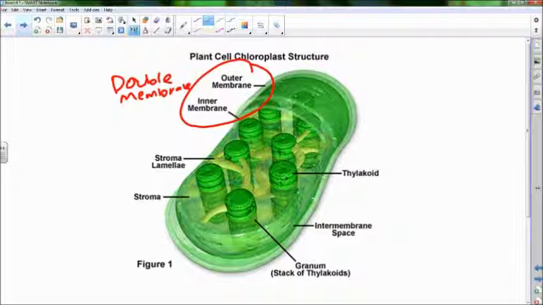Now, we talked about before how in the chloroplast we have these flattened discs that almost look like pancakes called thylakoids. So those are all stacked up, and then in between those thylakoids is a syrupy mixture called the stroma.